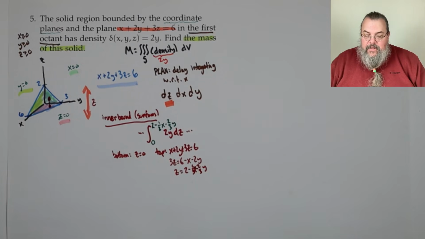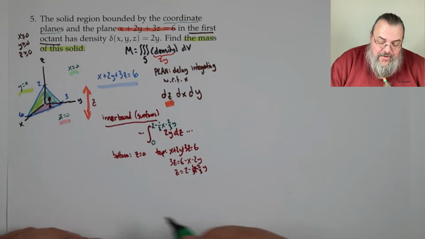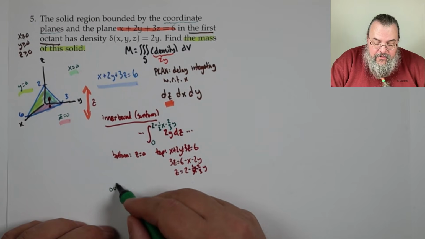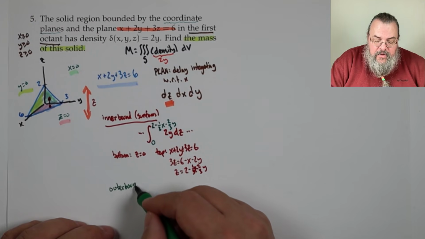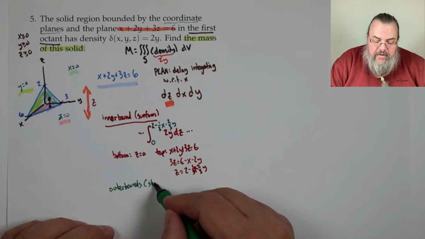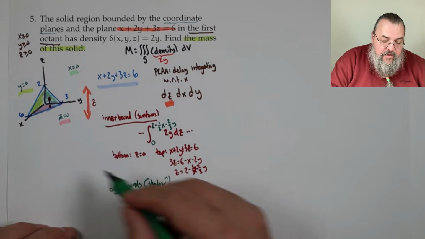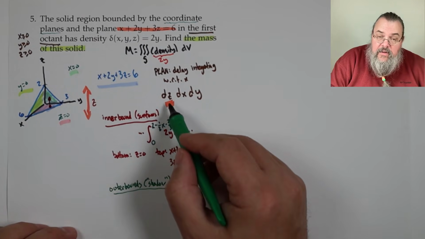All right, that takes care of the inner layer, but we've got the two outer layers. So now we have to do the outer bounds. I'm going to think about looking down the axis, where I see a sort of shadow, if you will. So look down the z-axis.